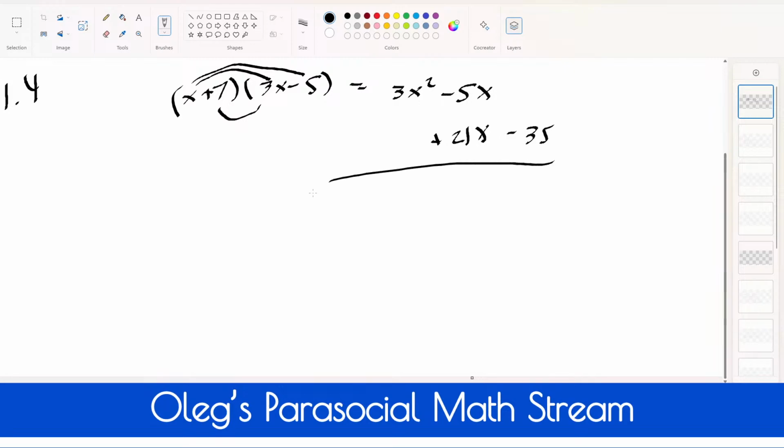That's another thing you can do, because the degree of the polynomial drops down 1: this is a degree 1 polynomial, and this is degree 0, a constant. Because of that, all of them are going to be less by a degree. So I just offset it to line it up for easy addition. So we have 3x squared, and then plus 16x minus 35.